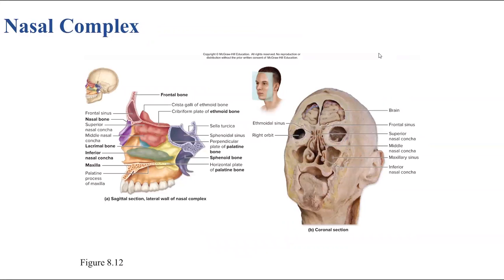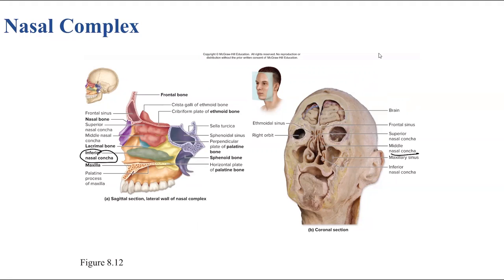The nasal complex, this is just to try to show you the concha, which we spend some time on in the respiratory system, so next semester. If you look at the nasal complex, it's not smooth. There are rolly, scrolly things in there, and those are the concha.